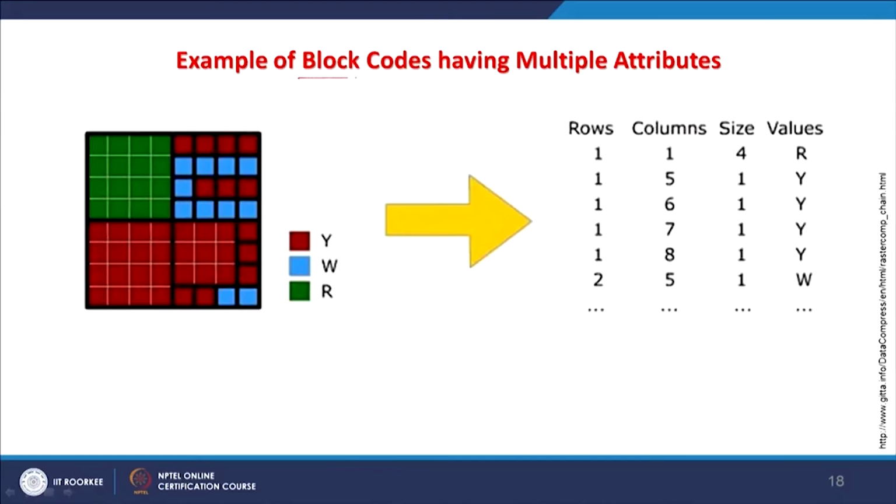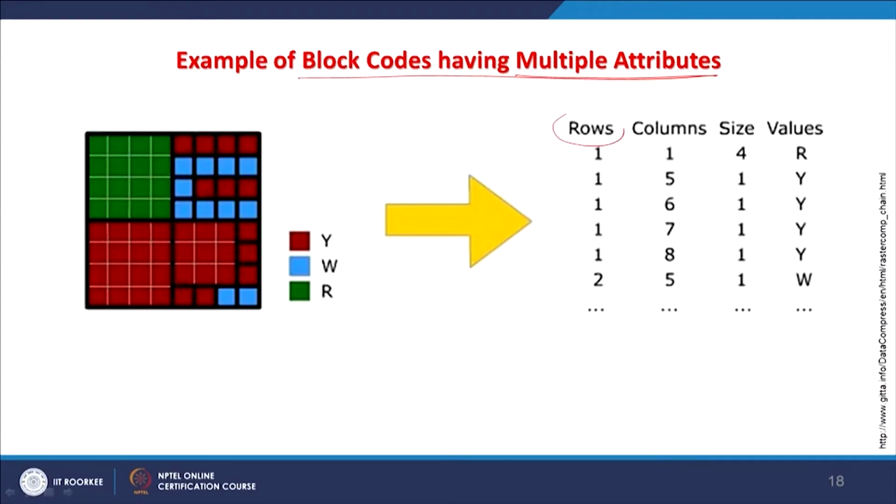However, if we are having multiple attributes instead of a single attribute as in the previous example, then of course that can also be coded, but that kind of compression will not be achieved as in case of binary, but it does not matter. So, here if I have to store, then we have to store in the form of a table as in previous examples also, with size and the values. If I take row 1 column 1, this is R, which is given the green color, and the size is 4 by 4.